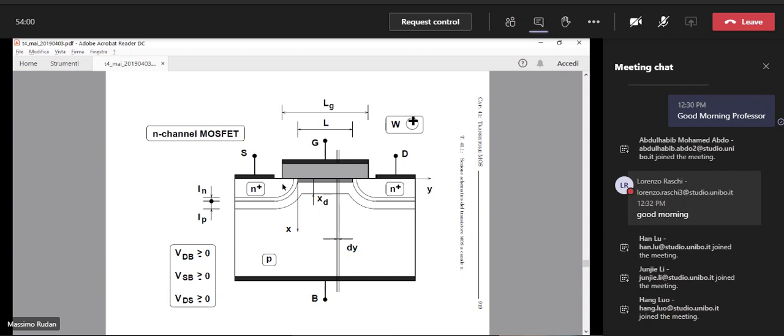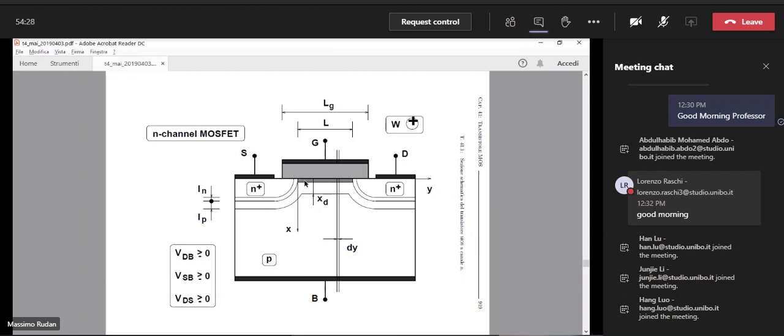So it is intuitive that if we apply a voltage from drain to source, such that the drain voltage is larger than the source voltage, we shall have a current entering the drain, crossing the intermediate region under the gate.